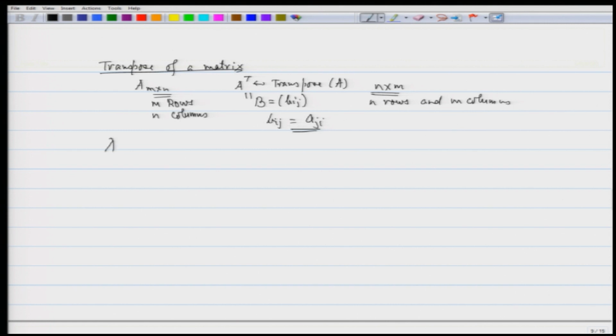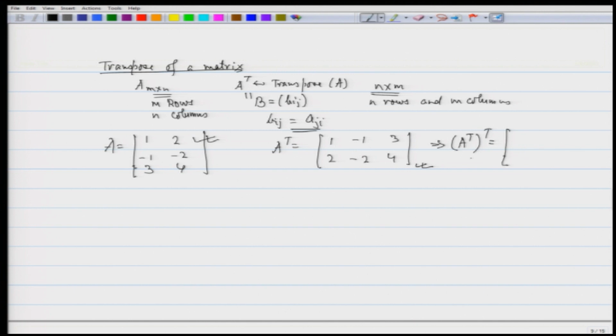So, for example, A is say 1, 2, minus 1, minus 2, 3, 4, suppose this is my matrix A. Then A transpose will be: the first row becomes the first column, the second row becomes the second column, and the third row becomes the third column. I would like you to see that if I want to look at A transpose transpose, I am going to take the transpose of this. The rows of this matrix become the columns.